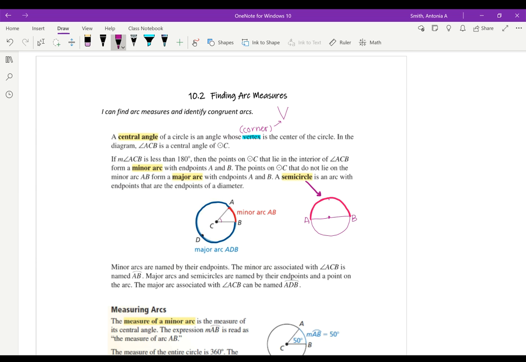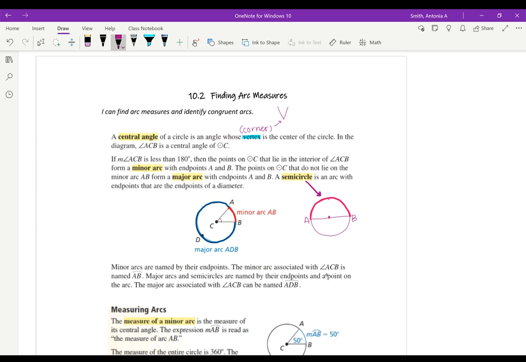Okay. So minor arcs are named by their endpoints. The minor arc associated with the angle ACB in this picture right here is just named arc AB with that arc symbol above the letters. Major arcs and semicircles are named by their endpoints and a point on the arc.